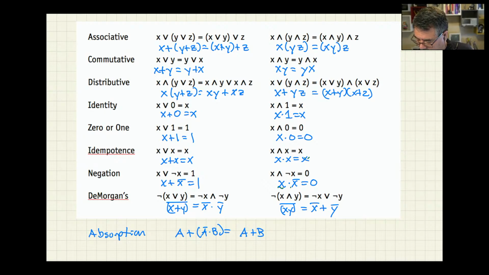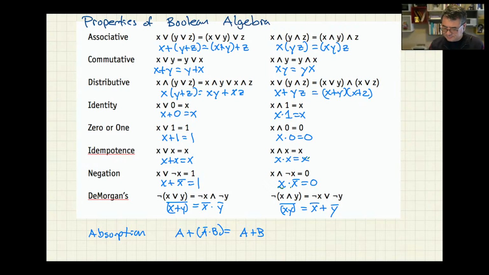Okay, so these are what I will call the properties of Boolean algebra. You can find these on the internet. This table, I think you can, it's in your textbook.